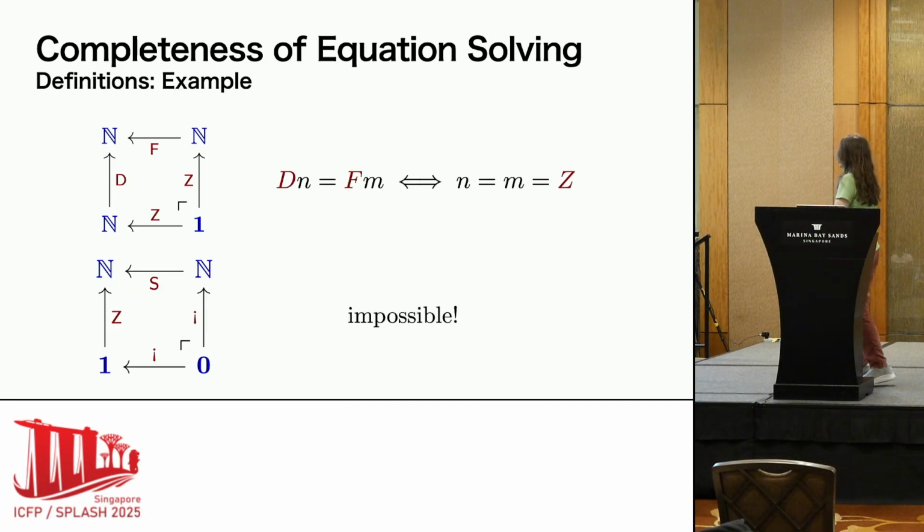So for example, the way that we're talking about this in terms of pullbacks in our category is if we have an equation like dn equals fm, then we model that as two arrows pointing into the same target, and then we draw the pullback with the arrows that would have had to be, so that it's the most general solution and not just a random unifier.